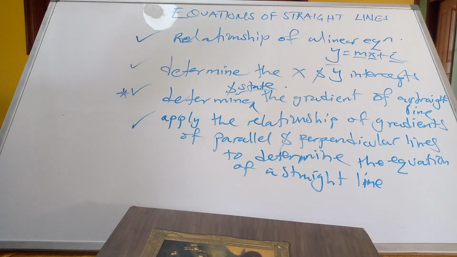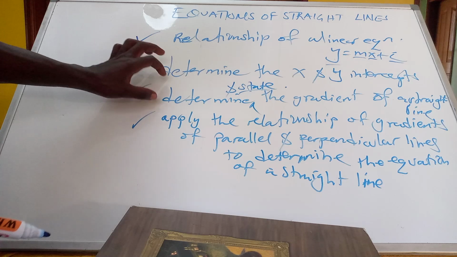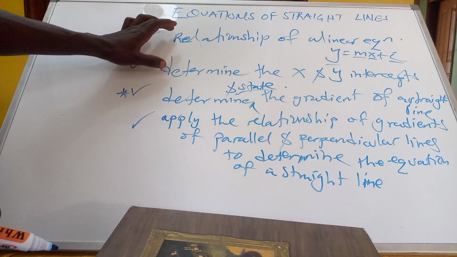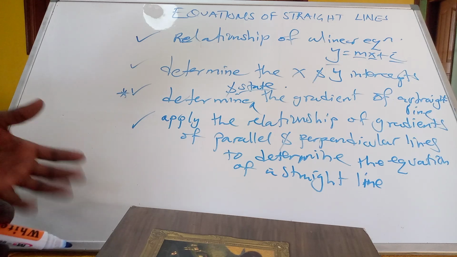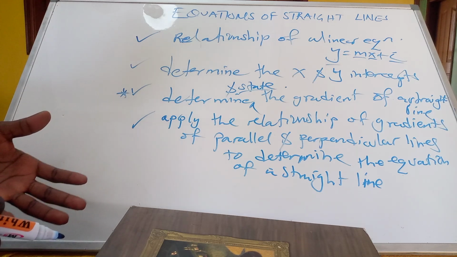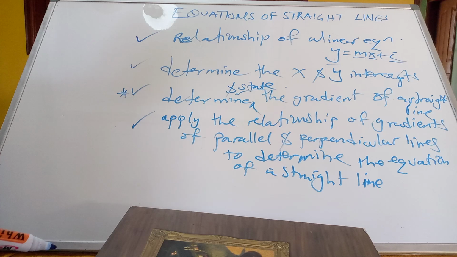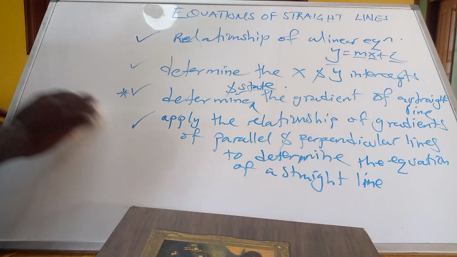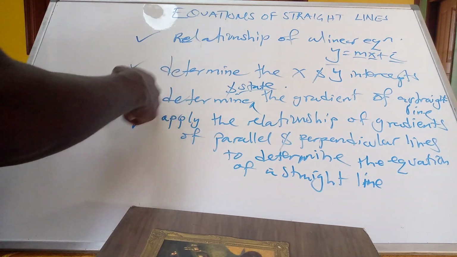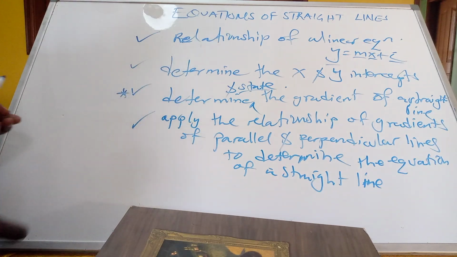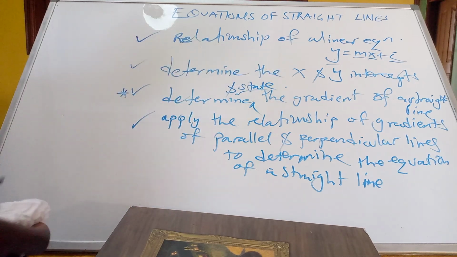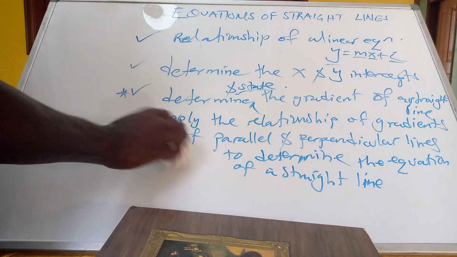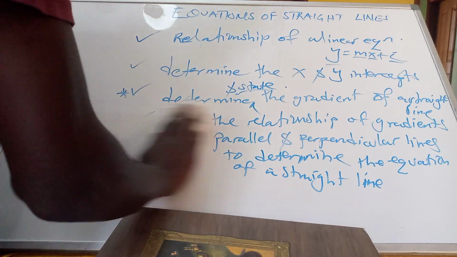There is a reason why: the moment you know this, all of these are going to be easy for you, and the learning will be even simplified on my side to make you understand. Well, let's kick off with our third learning outcome, determining and stating the gradient of a straight line. But we have to start with determining. All right, let's go.